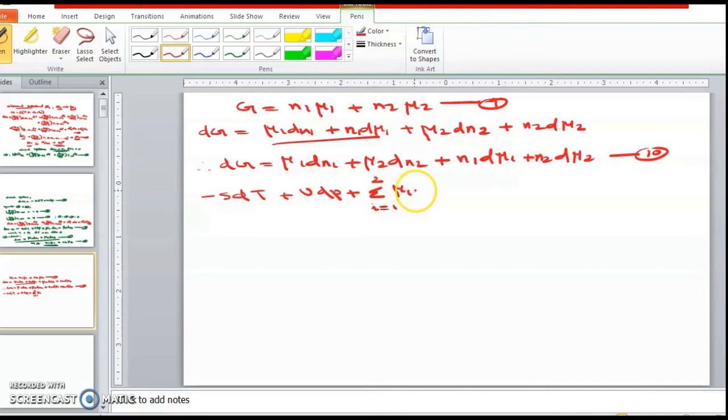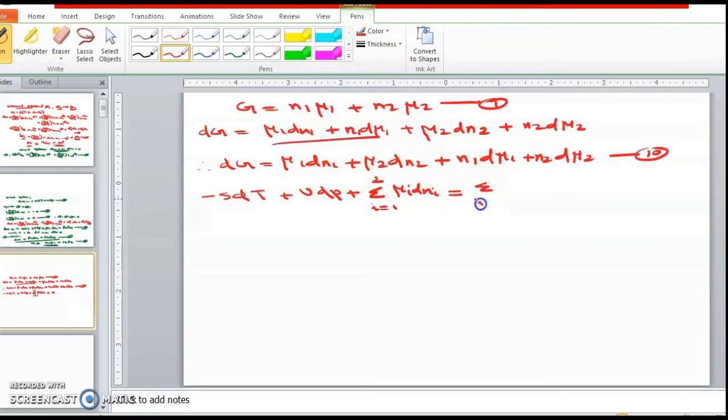So we can write mu i dni. So equation 7 was minus S dT plus V dP plus mu1 dn1 plus mu2 dn2. We just wrote both those terms like this, which can be written as sigma i equal to 1 to 2 of mu i dni, right?